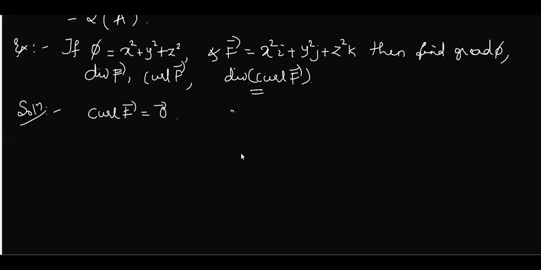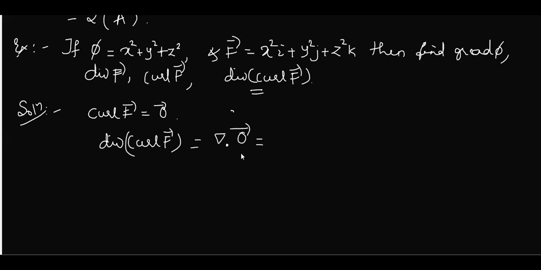Then I have to take divergence of curl of F. Sometimes they twist the question and ask like that. So divergence means del dot whatever vector you have. This is a 0 vector. Can you tell me what the answer will be?